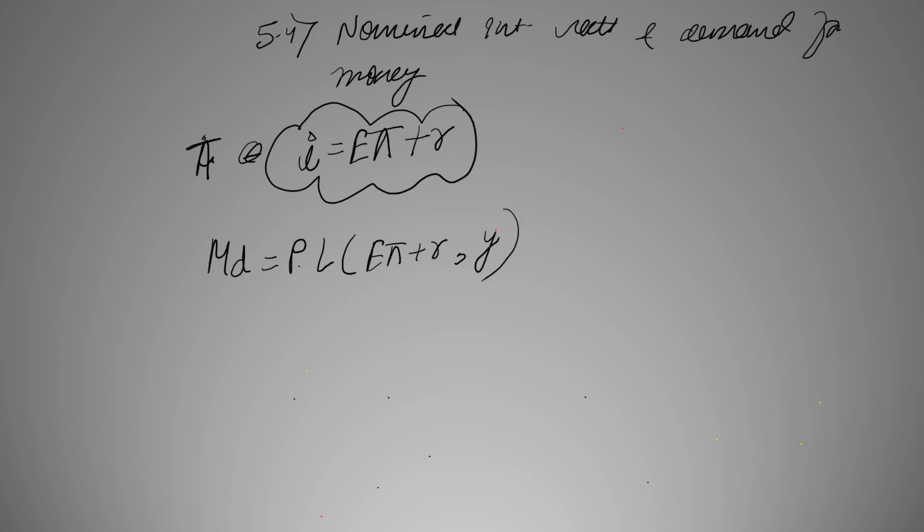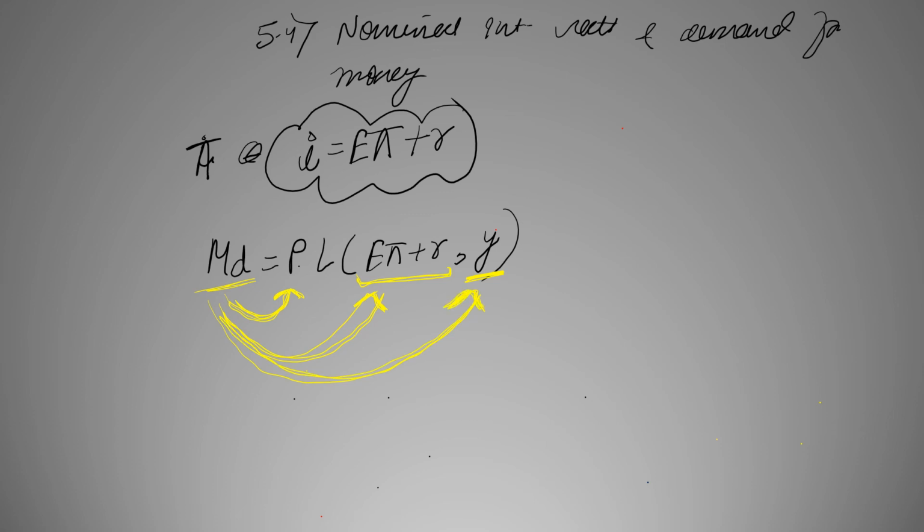Now if we take into consideration the relationship of each element with MD, first of all, MD and inflation are related, we know how. Similarly, this is your nominal interest rate and MD is related to it. And this is your level of income, and money demanded is again related to it.